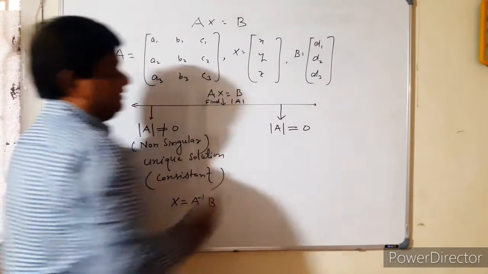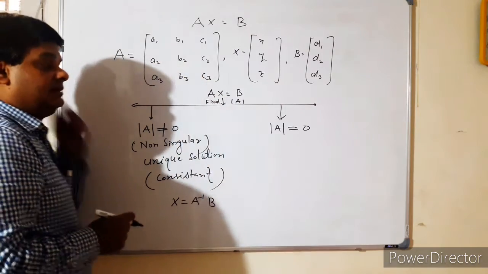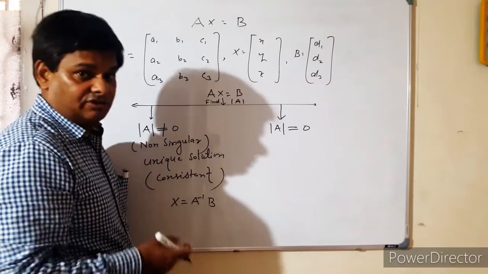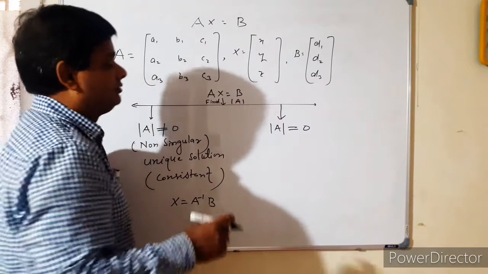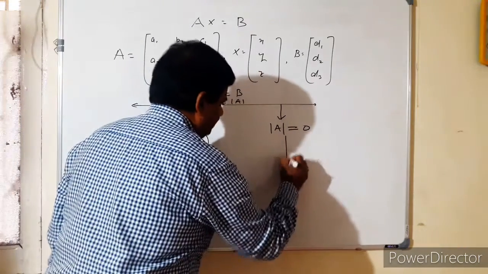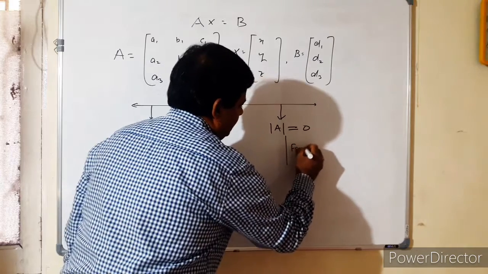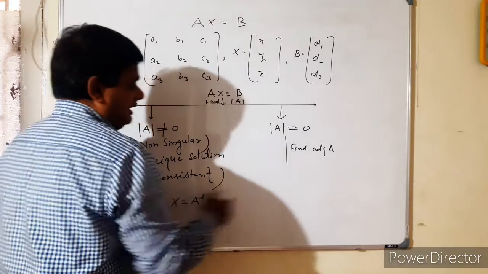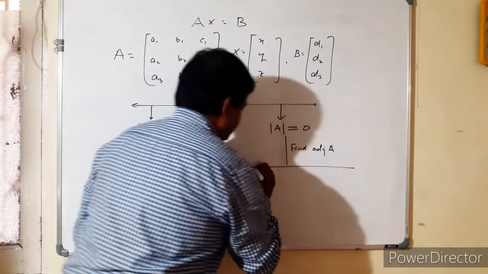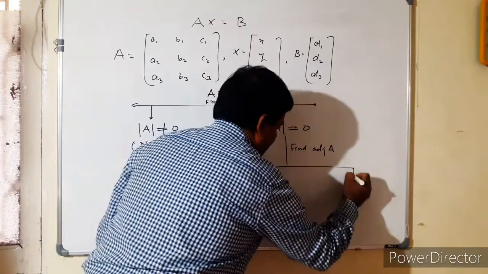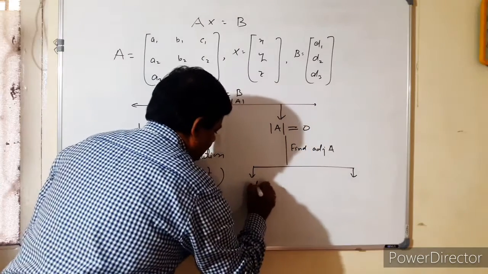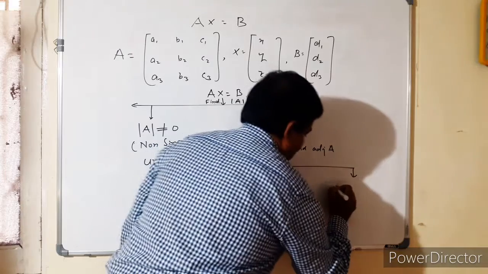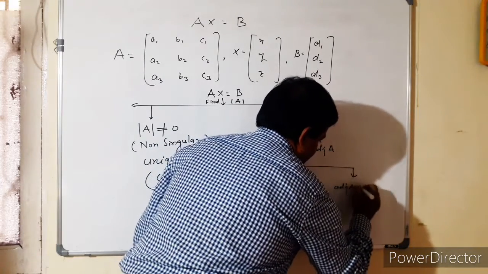If determinant A is equal to 0, then there will be either infinitely many solutions or no solution. For this you have to find adjoint A. There are two possibilities: adjoint A is not equal to 0 and adjoint A equal to 0.